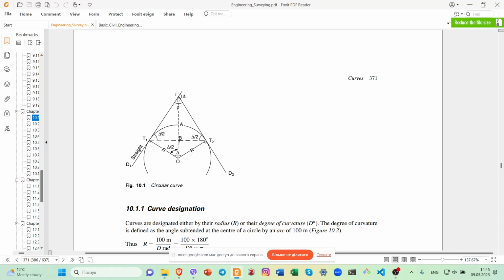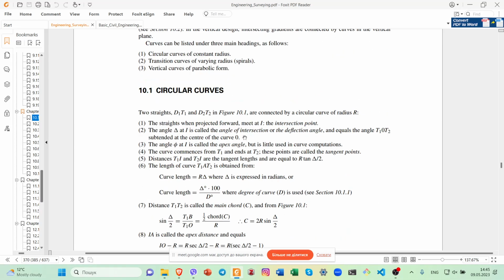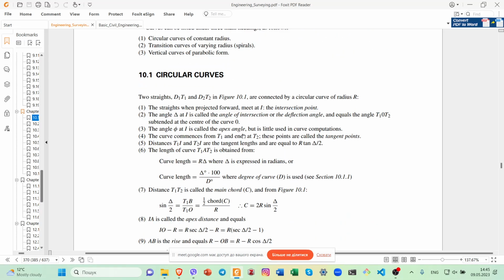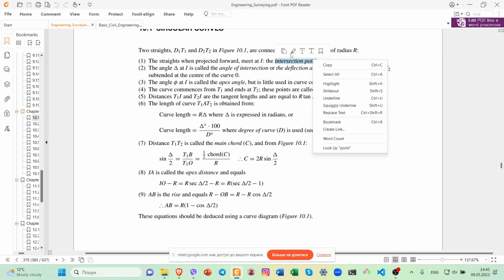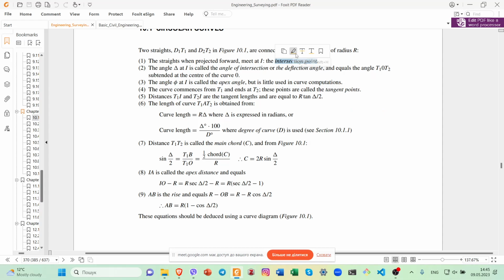The point I is the edge of the angle. The straights, when projected forward, meet at point I. It's so-called intersection point.